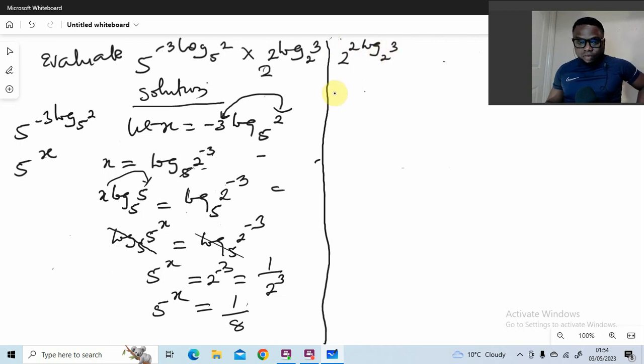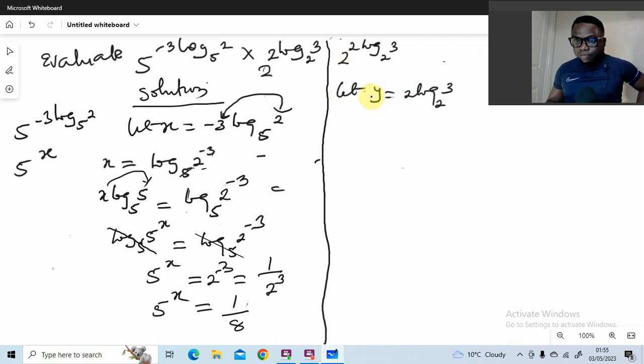I might just consider the exponent as well, just like I did here. Maybe I can now say let y, I'm going to use y now, equal 2 log 2 exponent 3.